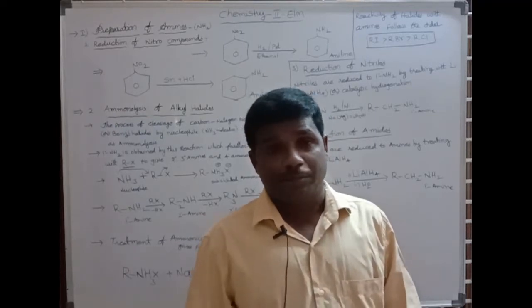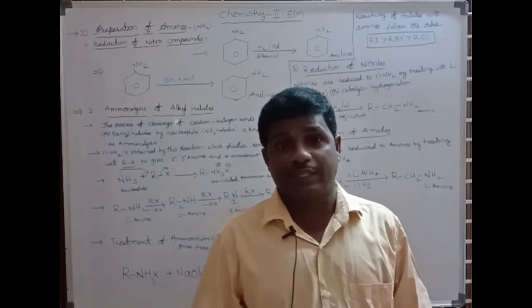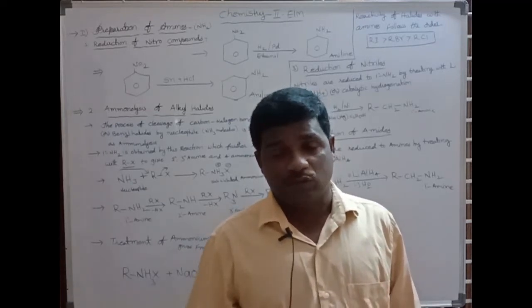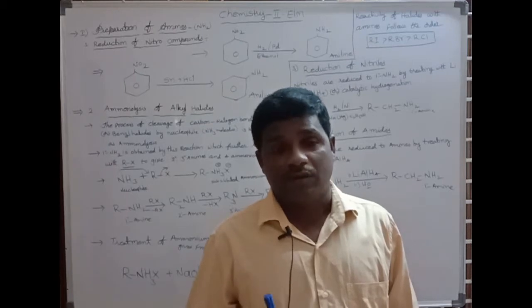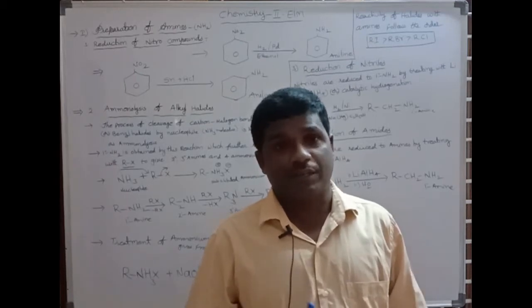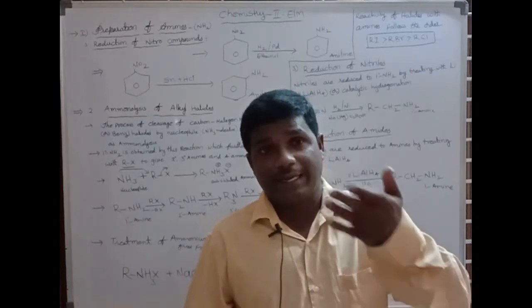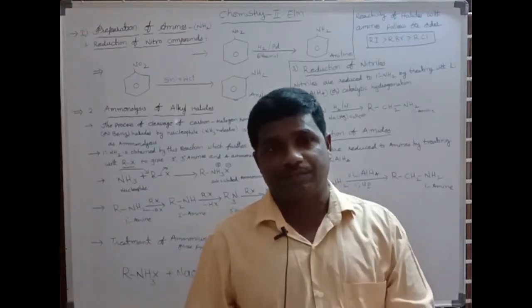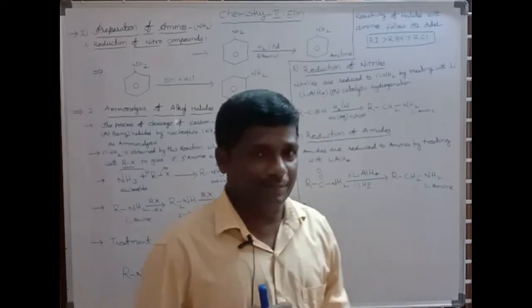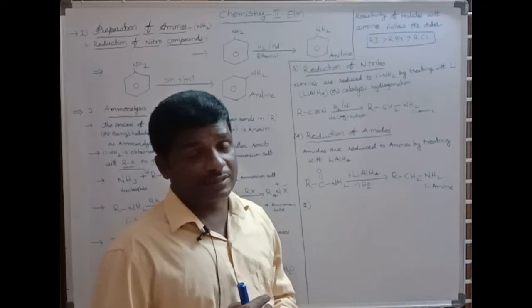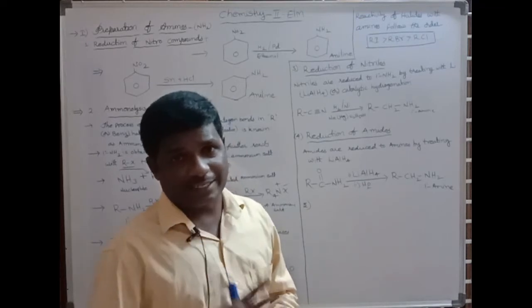Previously we discussed the organic compounds containing the nitrogen atom. The nitrogen atom exists in four types. The first one is primary amines, also known as alkyl amines or aryl amines. The second one is alkyl cyanides. The third one is alkyl isocyanides.